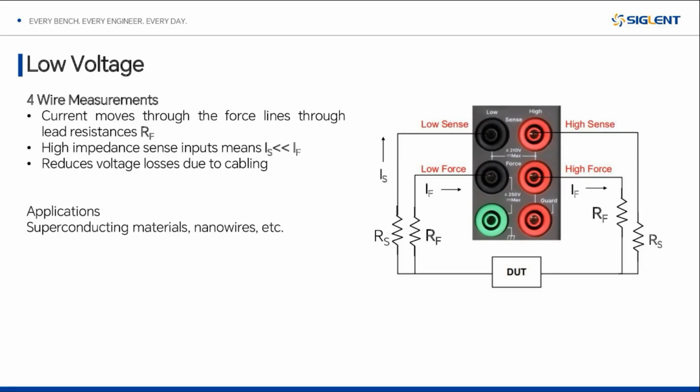You're measuring across the other lines with very little current flow. So that's how you can use 4-wire measurements to improve your voltage, essentially getting rid of heating, environmental issues, and cabling issues around your DUT using a 4-wire sense methodology.